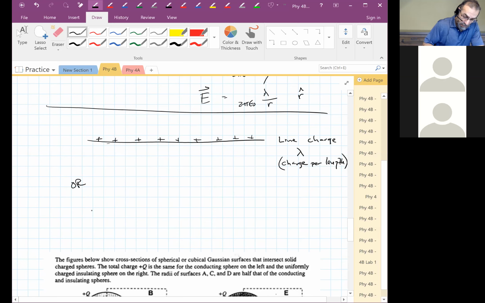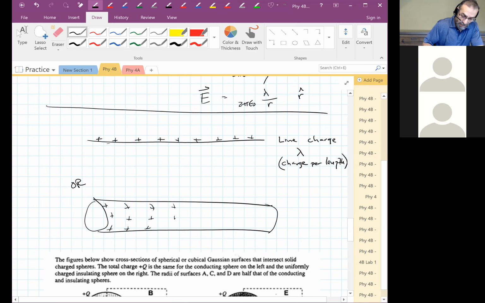Or we could have a cylinder with charge spread out over the surface or even through the whole volume. Doesn't matter.